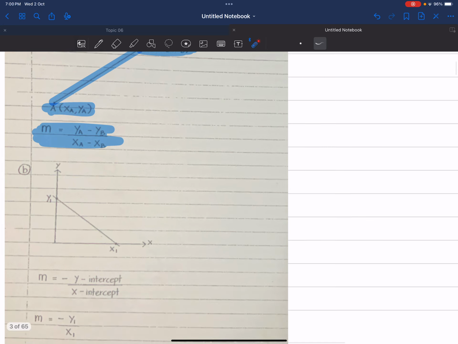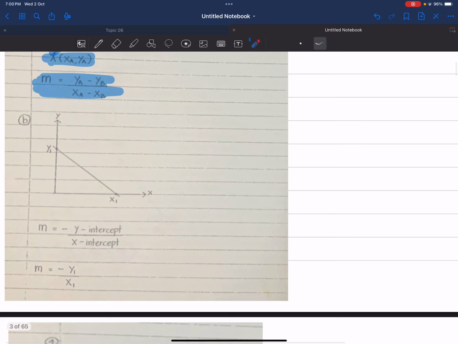The second formula for gradient: if you are given the y-intercept and the x-intercept, the line is making the intercepts. The y-intercept is y1 and the x-intercept is x1.